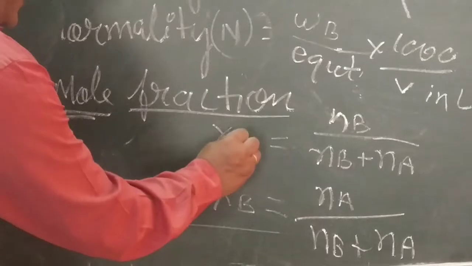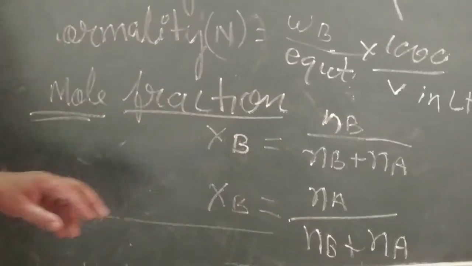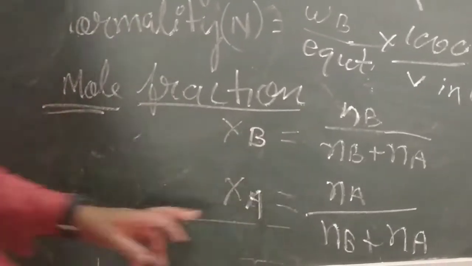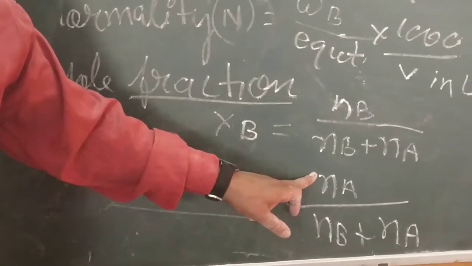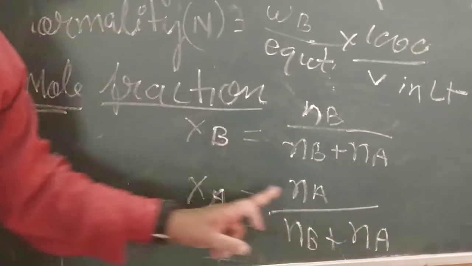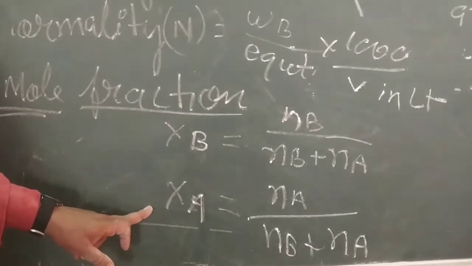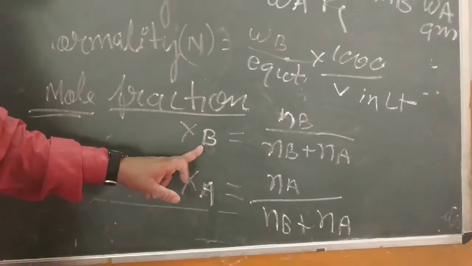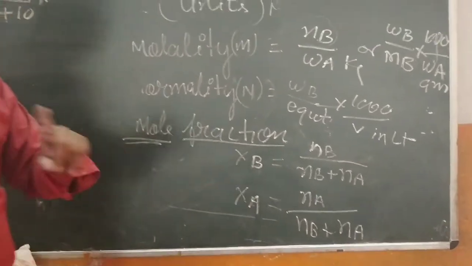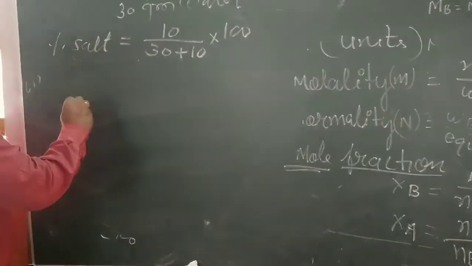It will be expressed by chi A. And chi B is the mole fraction of solvent. This is the representation of mole fraction of solute and mole fraction of solvent. One example I am giving you.